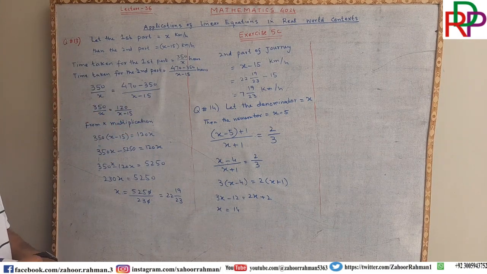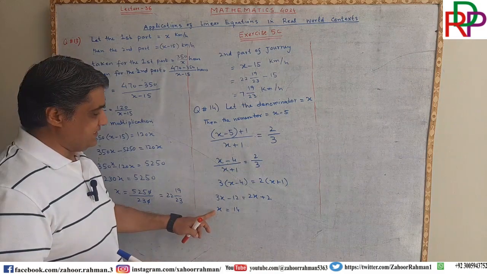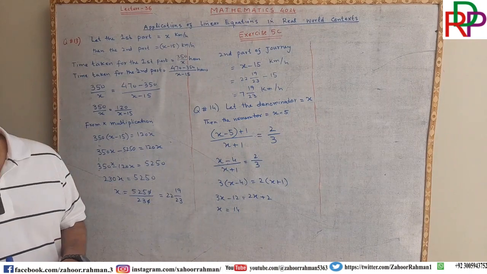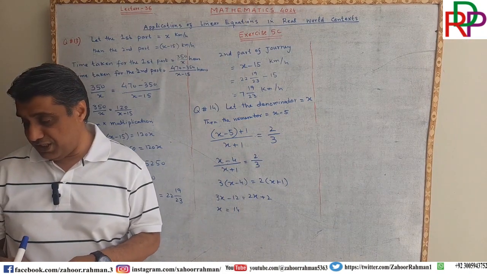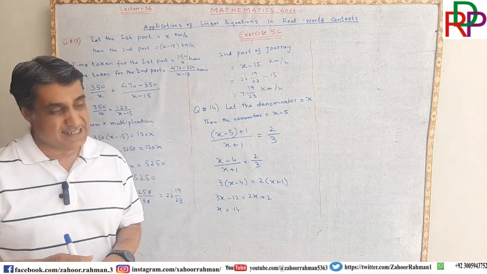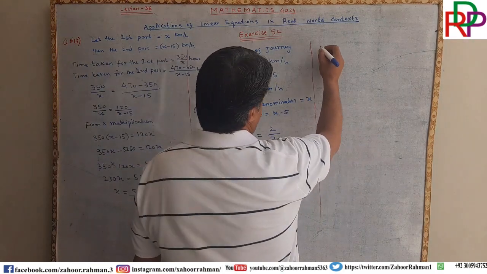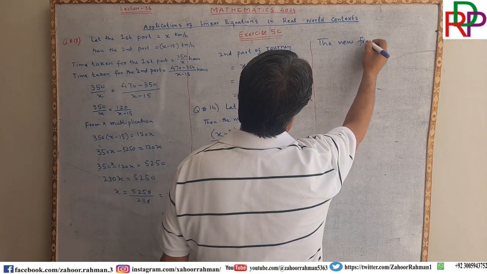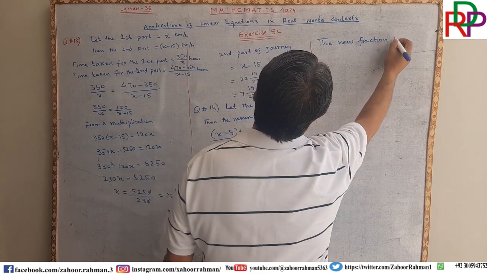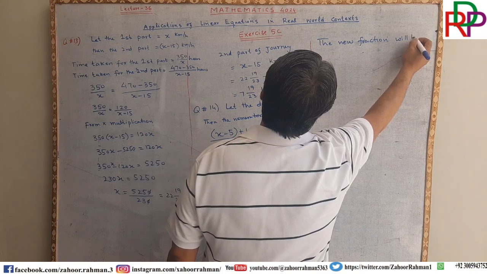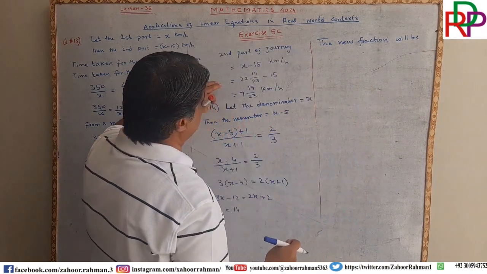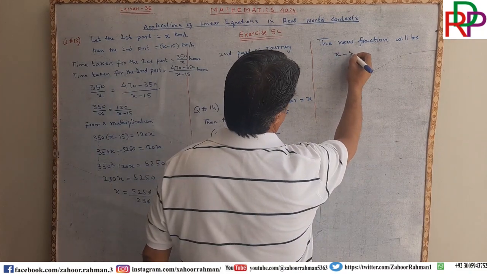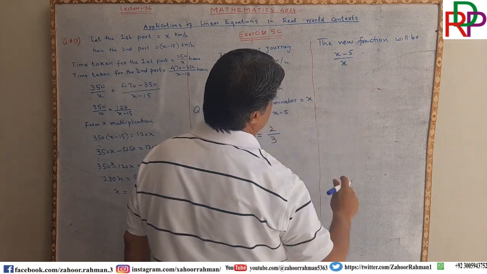Now x is equal to 14, and we have to find the fraction. So the new fraction will be, see, the numerator is x minus 5 divided by x.